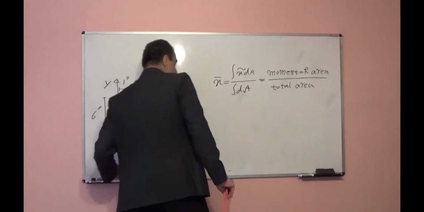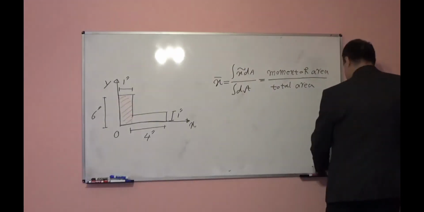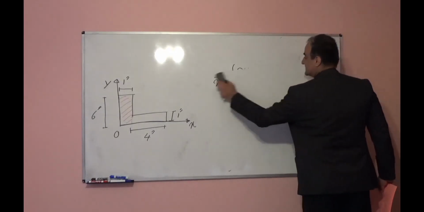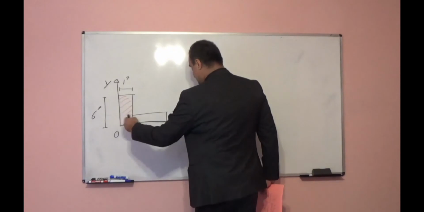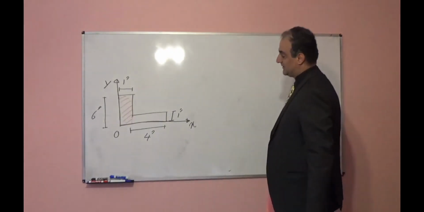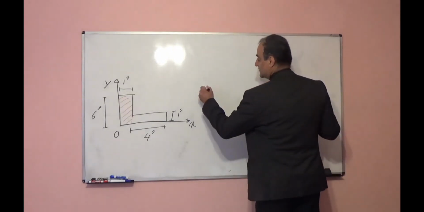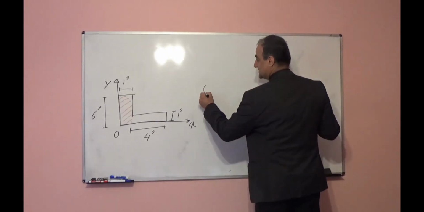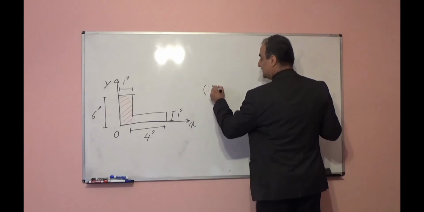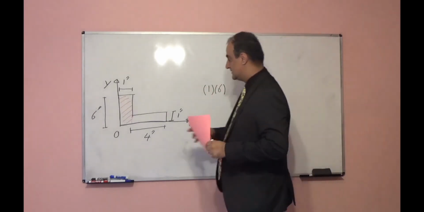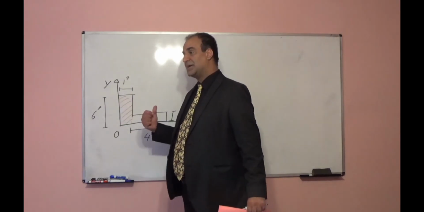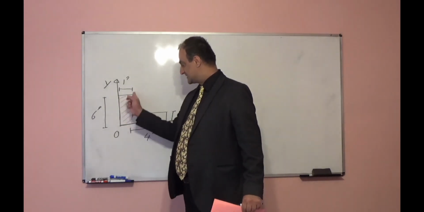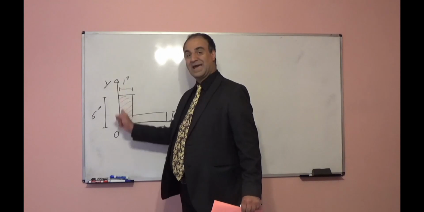Let's find x bar. X bar means the distance of centroid for this object up to origin in the x direction. How I will find? For rectangular 1, what is the area? For rectangular one, area is equal to 1 times 6, times the distance of centroid for this rectangular up to y-axis.